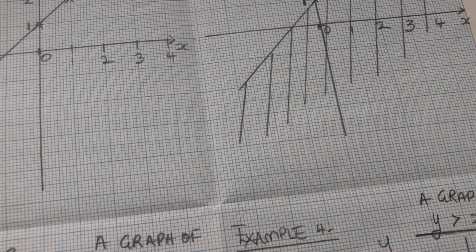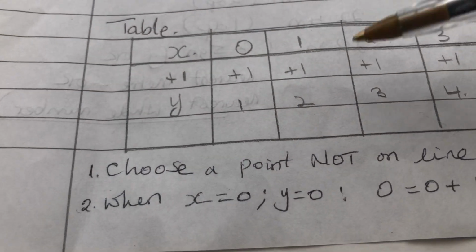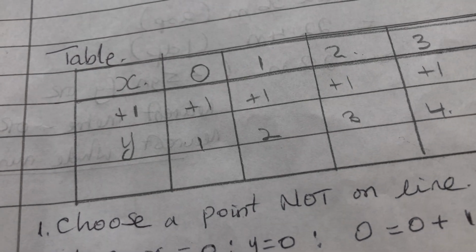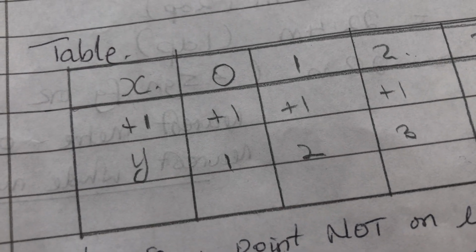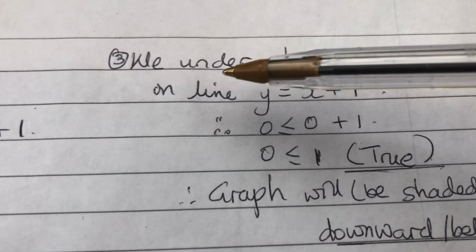Now after I've chosen that point, when x is 0 and y is 0, I'm going to put it in the original equation of the line. So x is 0, y is 0. What do I have here?